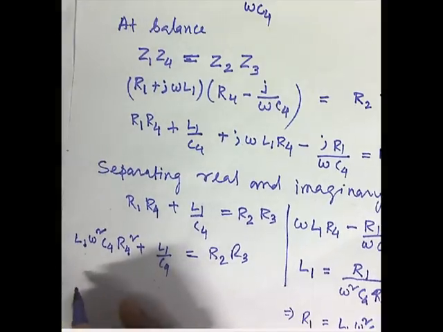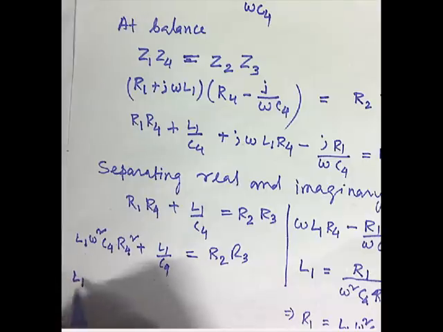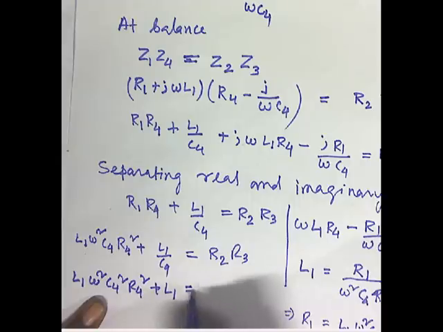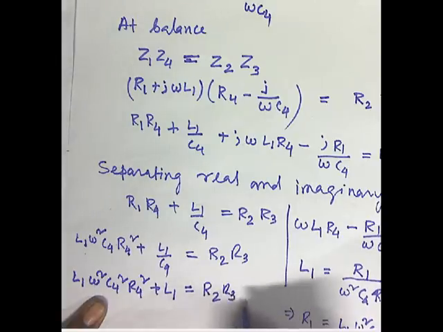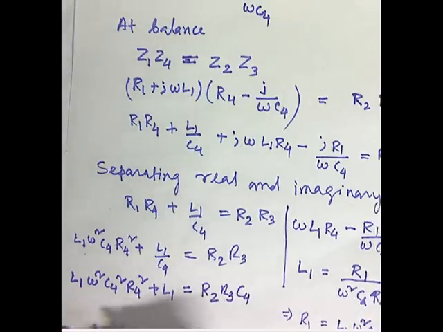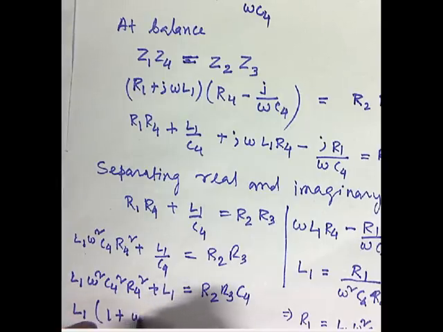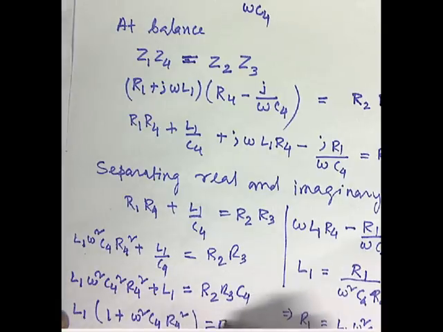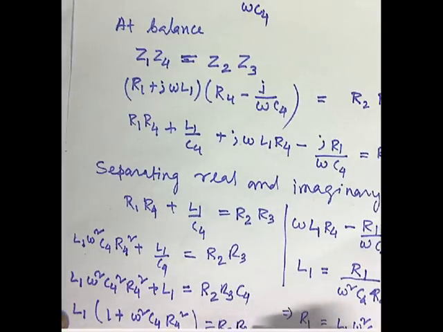Or L1 omega square C4 square R4 square plus L1 is equal to R2 R3 into C4. So take common L1. Now we have 1 plus omega square C4 square R4 square is equal to R2 R3 C4.